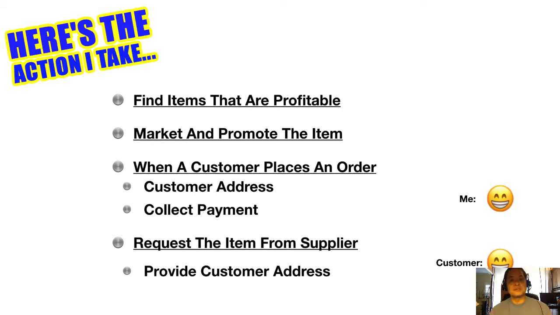And then don't ship it to me, ship it directly to my customer. And here's their address. And so that's really nice, because that's one less thing that I have to take care of, right? So the supplier has to ship it anyways, so you just give them the address of the customer and they just send it directly, so it keeps you out of the loop. So that's pretty nice.